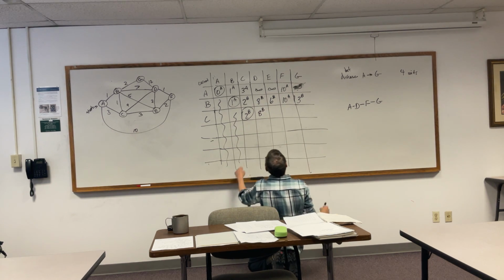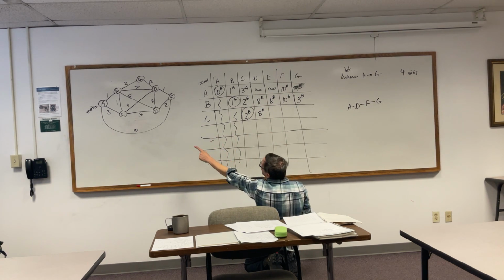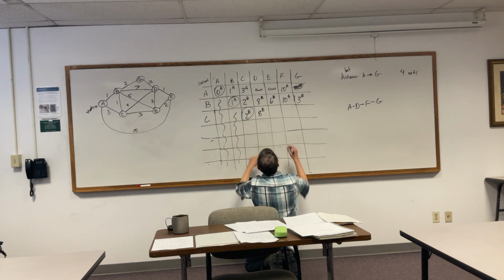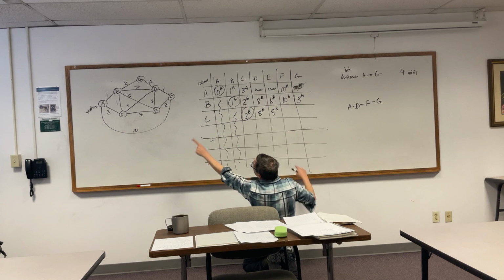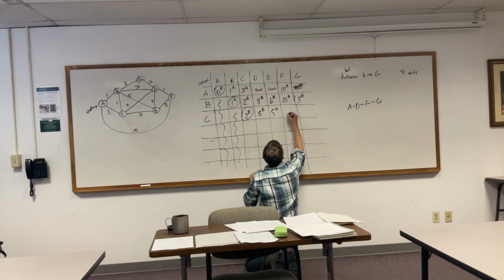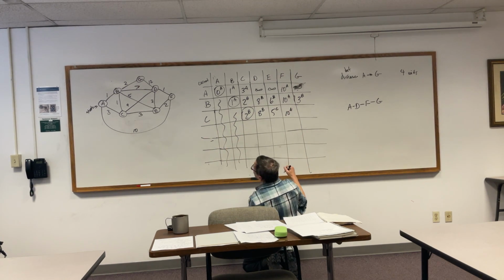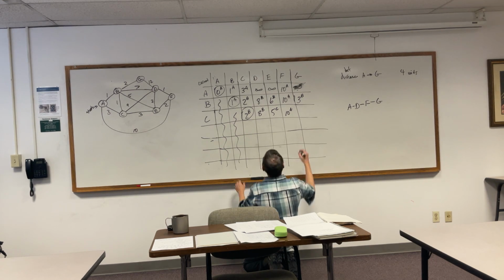That's not gonna improve things. C to E is 3 plus, oh, so that goes up. C to F doesn't exist. C to G does not exist.